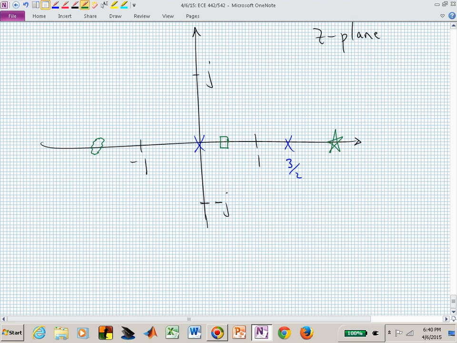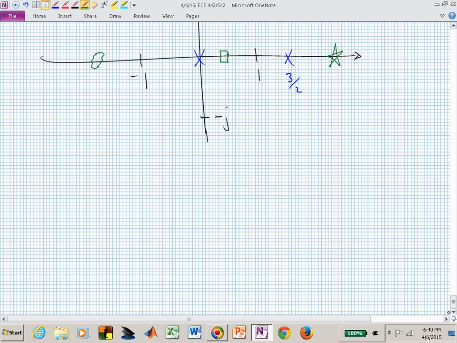Now the star and the cloud are sort of related, aren't they? Maybe that square should have been a sun or a moon, but it's a square. Which points, those three, the star, the square, and the cloud, lie on the root locus?